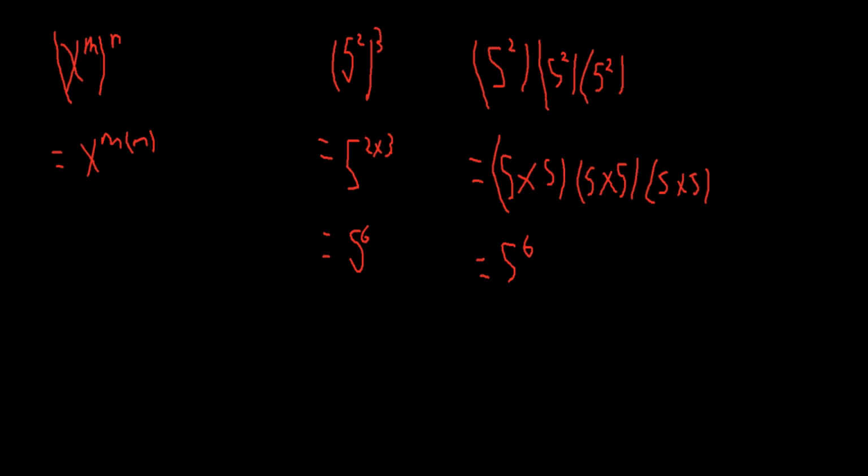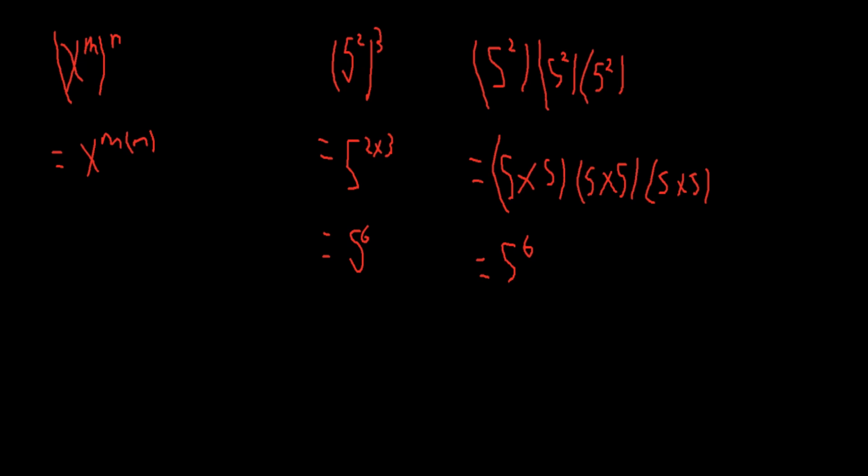So we can actually use this power law when we have two powers that are being multiplied together inside a bracket, or even divided inside a bracket, and there's an exponent outside the bracket.